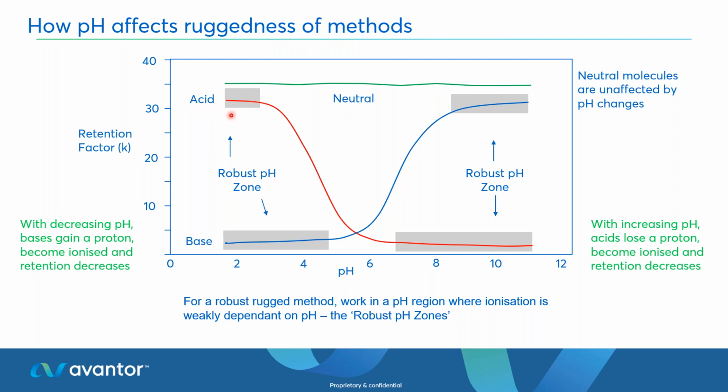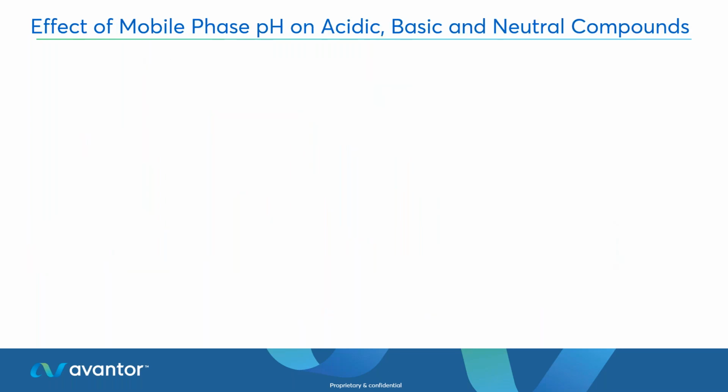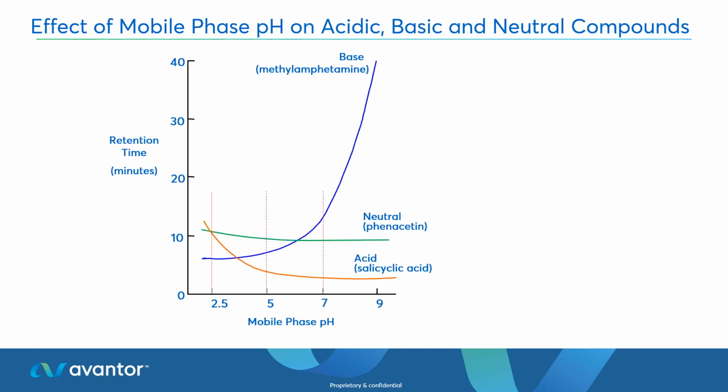So again, best place to work is up here on these nice plateaus because you can get away with slight changes in pH without losing retention. Worst place to work is on these curves, on these significantly steep slopes. And again, that's just shown here with an acid, a base and a neutral. And you can also see that changing the pH will change the elution order, so the selectivity, that alpha value.